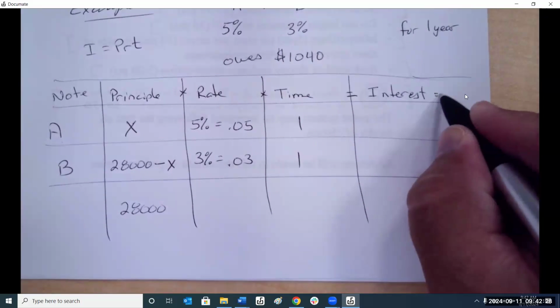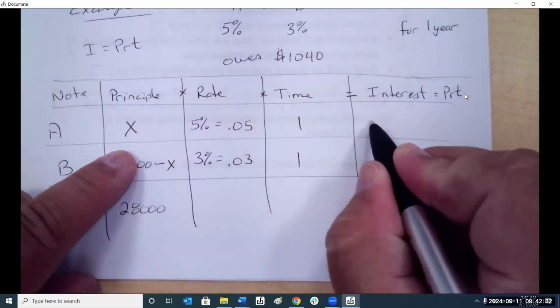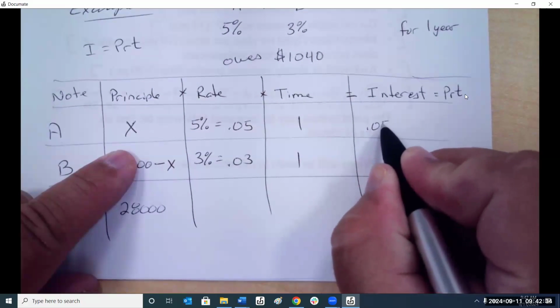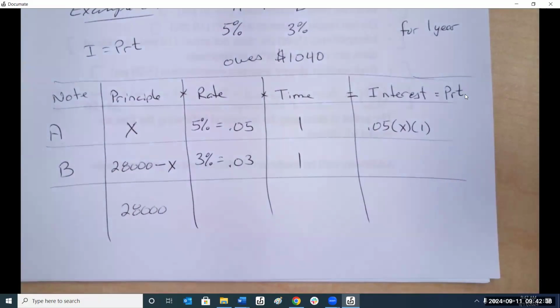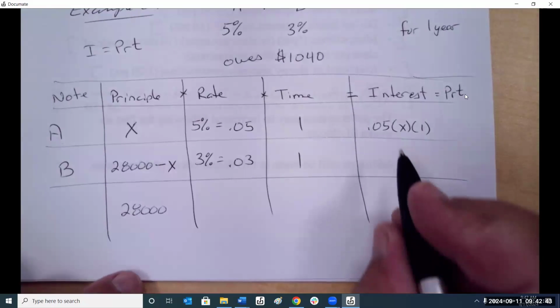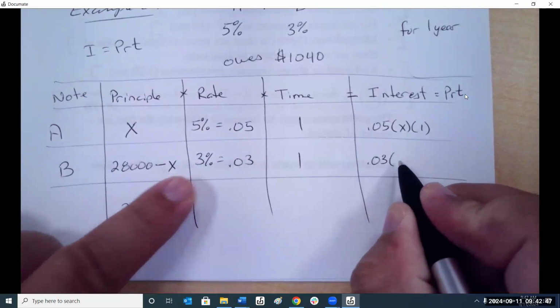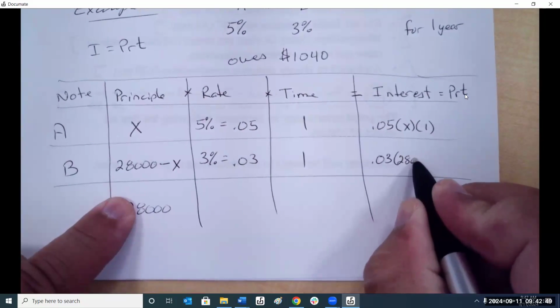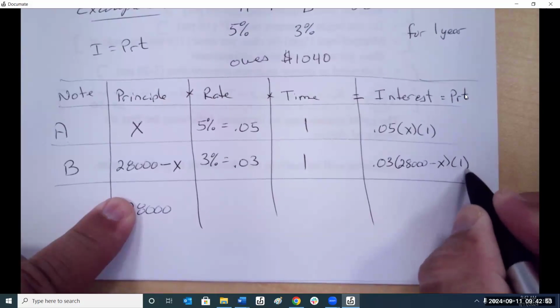The formula for interest is PRT. So we have 0.05 times X times 1. And loan B is 0.03 times 28,000 minus X times 1.